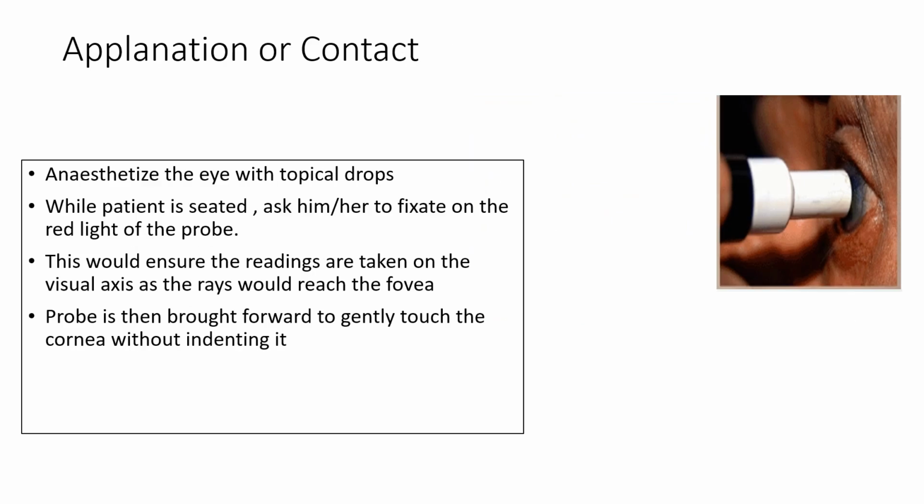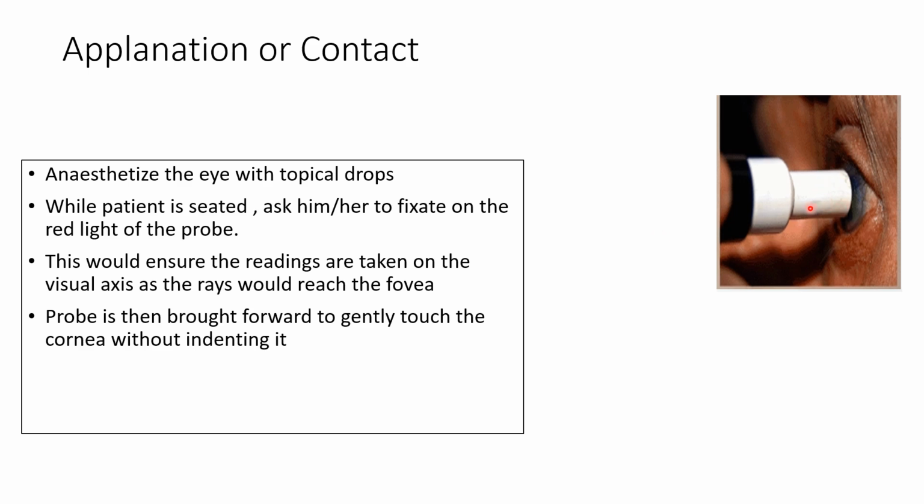So we know that ultrasound A scan could be of two types. It could be contact or applanation, or it could be immersion. In applanation or contact-based ultrasound biometry, the probe comes in contact with the cornea. So typically to anesthetize the eye, we use topical drops.